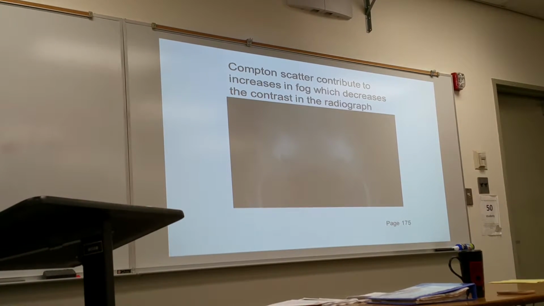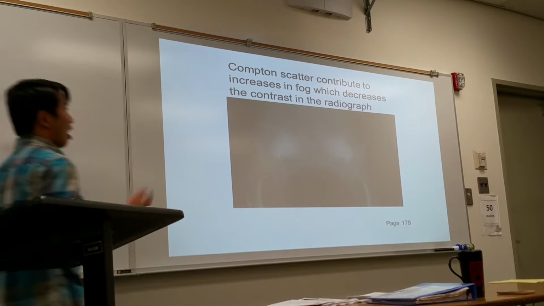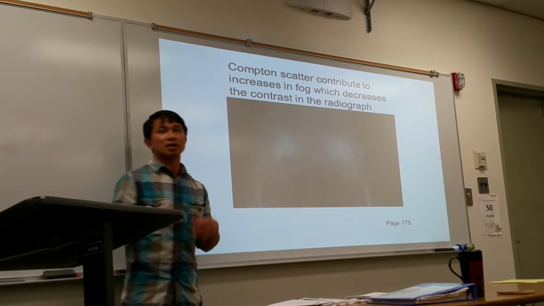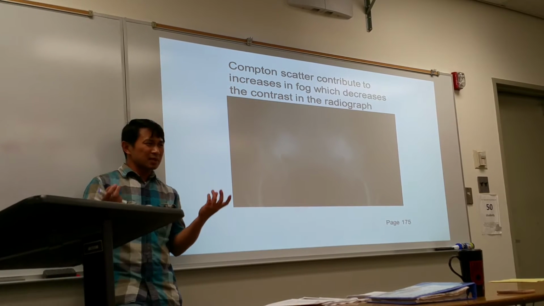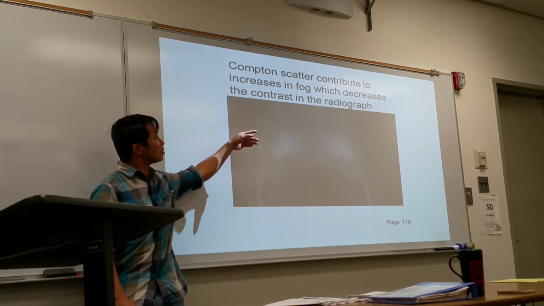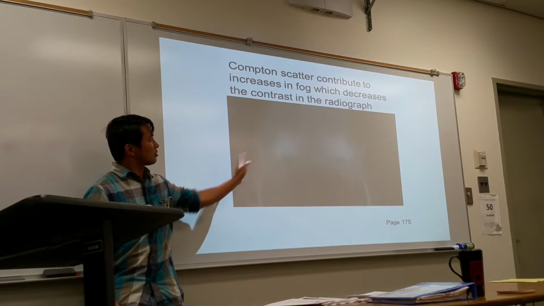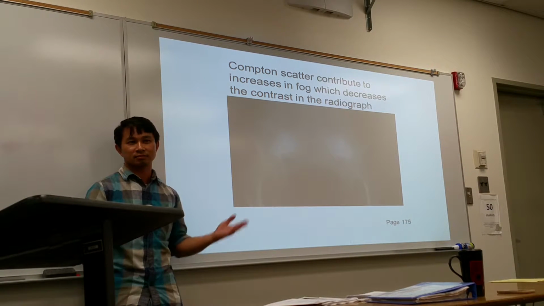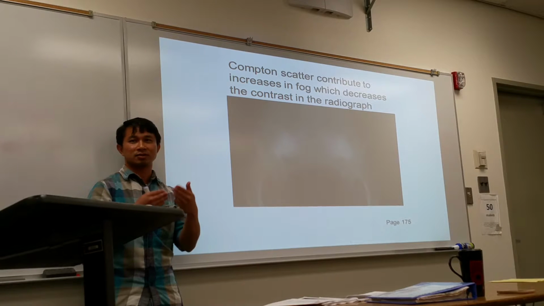Compton is mainly responsible for increasing fog, a term for unwanted density or contrast on X-ray film. Too much fog gives lower contrast, which gives more unwanted shades of gray and more density.